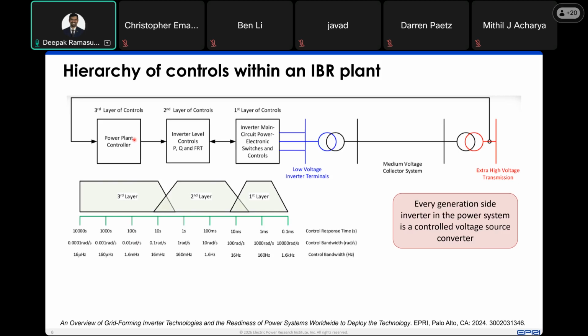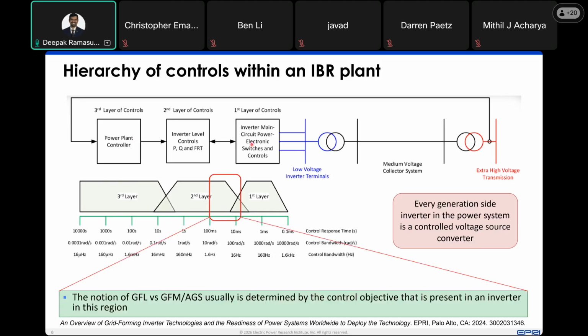Now, this region here, with this time scale or bandwidth of control, depending upon the control objective, is usually what determines whether there is a notion of grid forming or advanced grid support in an inverter.